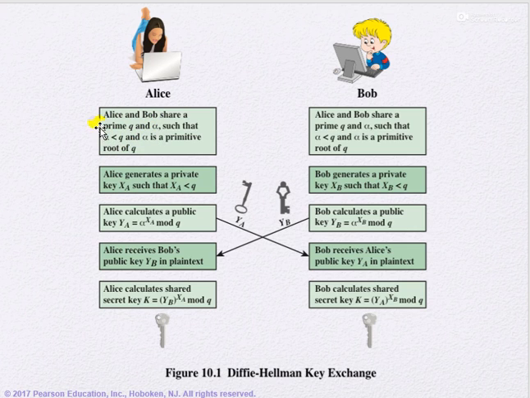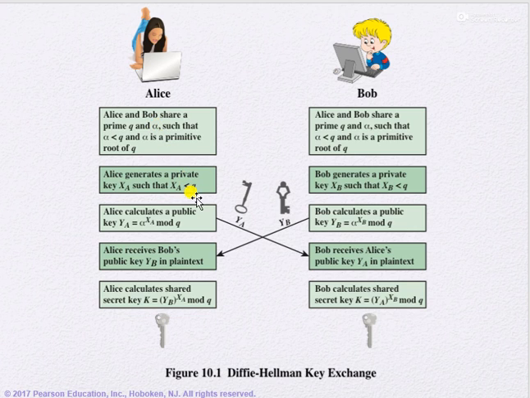One is alpha should be less than q, and the second is alpha is a primitive root of q, and this q and alpha are public values. They don't need to keep them secret, but Alice and Bob must use the same q and the same alpha value, so they have to agree on these public parameters first.